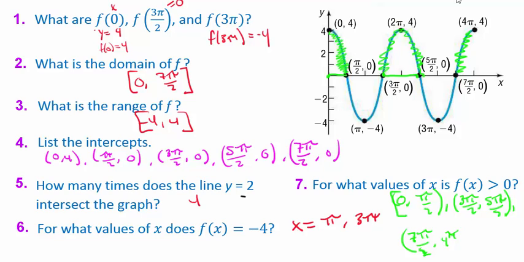Because 4 pi is not equal to 0, it is greater than 0, the output is 4, we are going to include 4 pi, just like we included 0 in the original first interval, because the output for 0 is actually 4, which is greater than 0. So these are the three intervals of x values where the output is greater than 0. We're looking for where the output, y, is greater than 0.